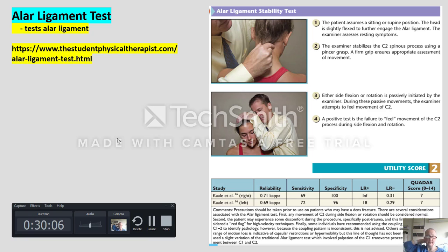Okay? Either side flexion or rotation is passively initiated by the examiner. So you're side flexing. During these passive movements, the examiner attempts to feel movement of the C2.